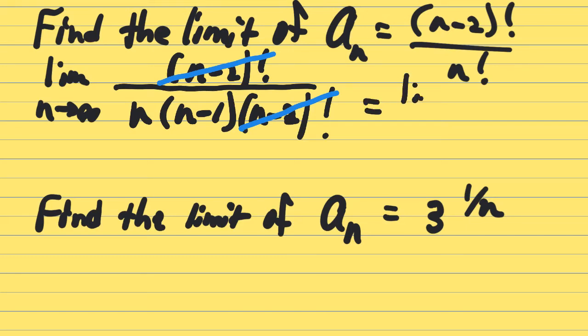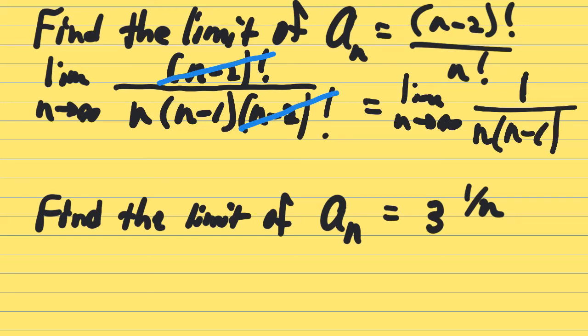Rewrite your term. The entire numerator got canceled, so that's a 1. The denominator is n times n minus 1. And if you let n get super large, what happens to the value overall? That's right, approaches 0. Very good.